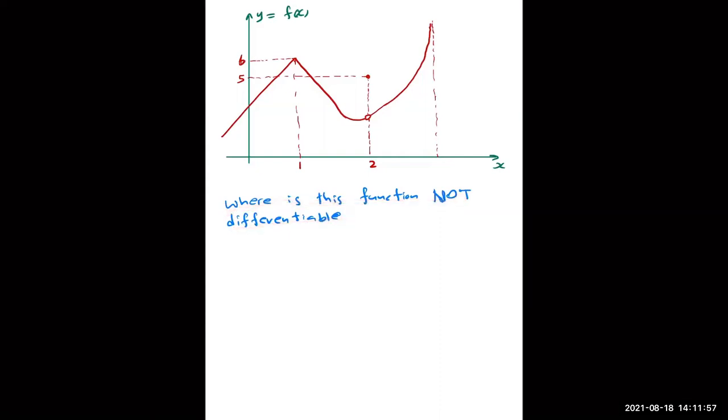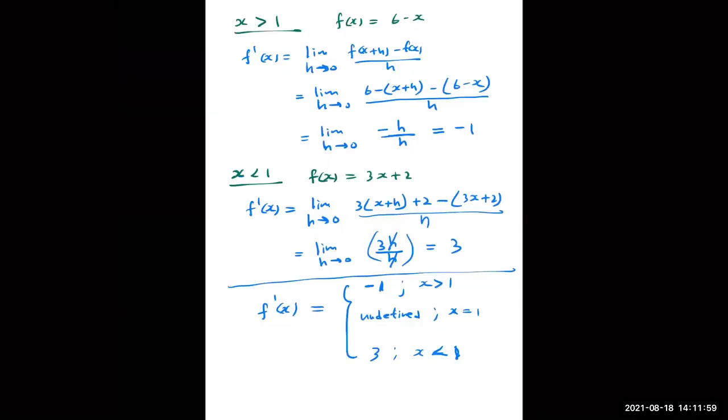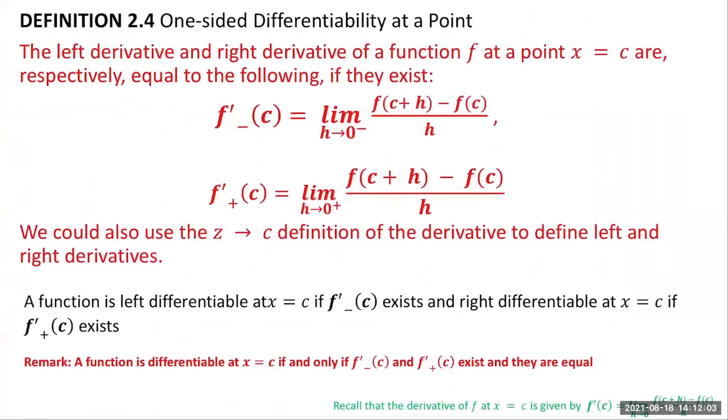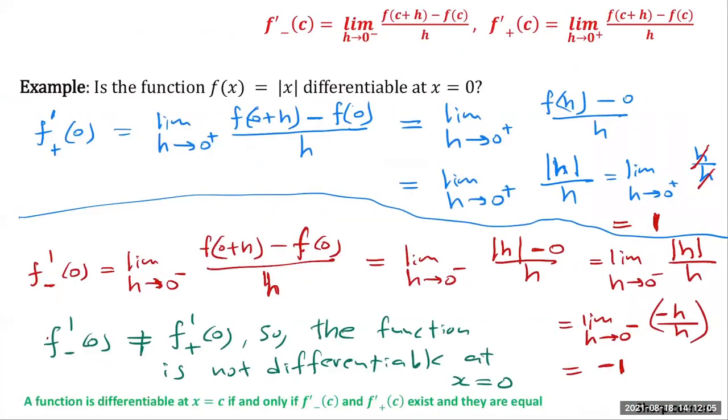Before I do this, I want to quickly go back to the absolute value example. This is the absolute value example we did. We answered the question whether my function f of x equal to absolute value of x is differentiable at x equal to 0. We say that it is not differentiable at x equal to 0.